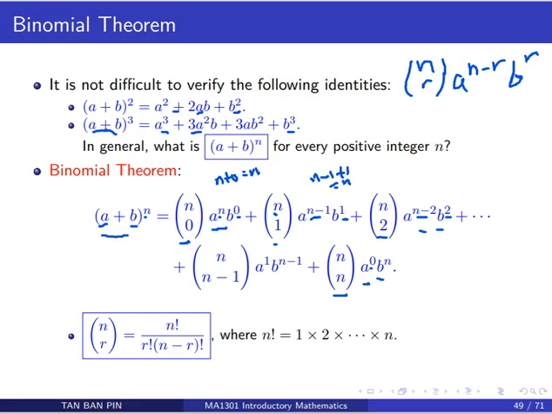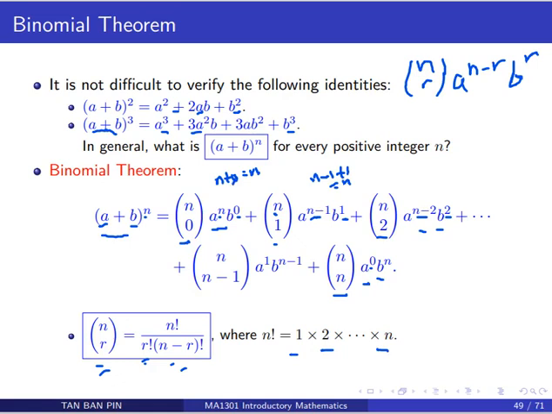You sub r as 1, you get n choose 1, a^(n-1), b^1, and so on. By the way, n choose r has a formula: n factorial over r factorial times (n minus r) factorial. n factorial, as I have mentioned before, is 1 times 2 until n.